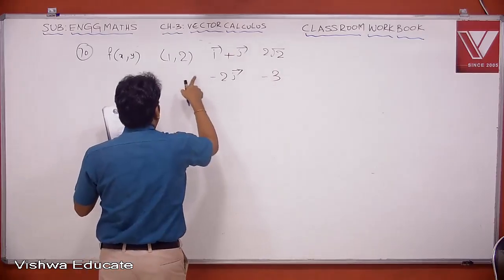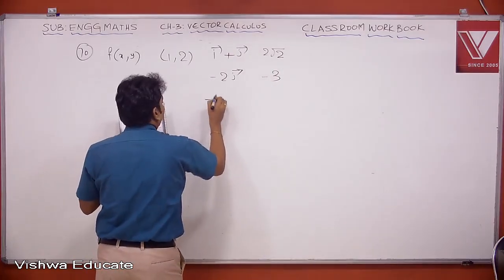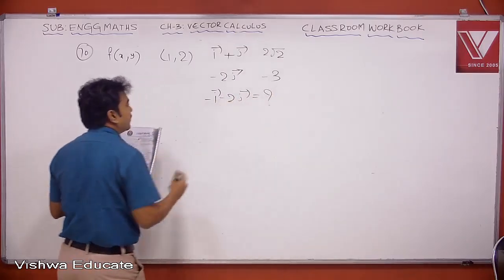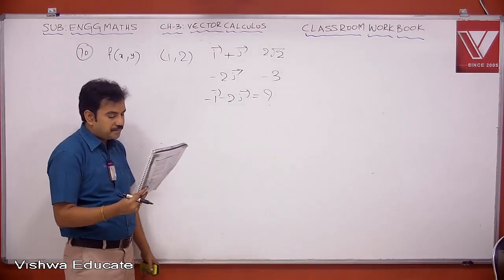Then the derivative of f of x, y in the direction of minus i bar minus 2j bar is what? This is a very interesting question.